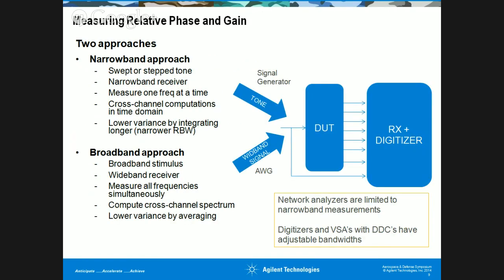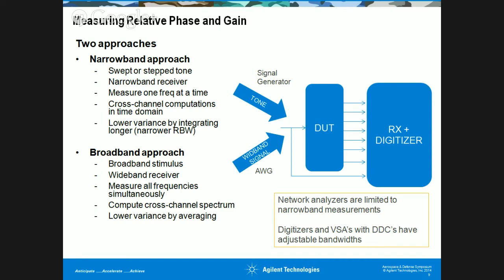Now, in case I want to measure these elements, I am interested in measuring what is my relative gain and phase of each of the elements. That's where, in case I can calibrate my antenna system, I can find out what is the relative gain and phase of each of the elements.